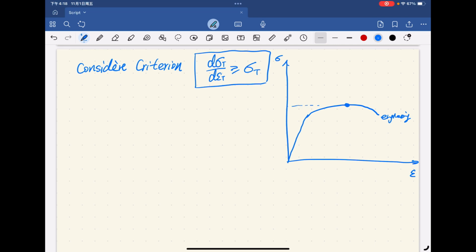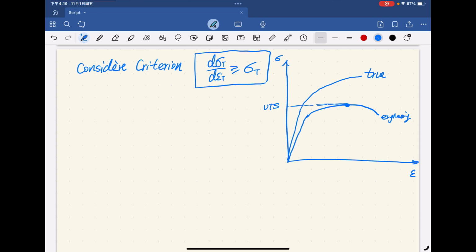This is the largest point of the curve. We denote it as the UTS, ultimate tensile stress, which is a very important parameter of the material to tell the physical property.